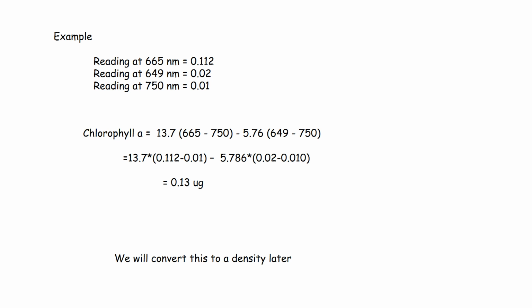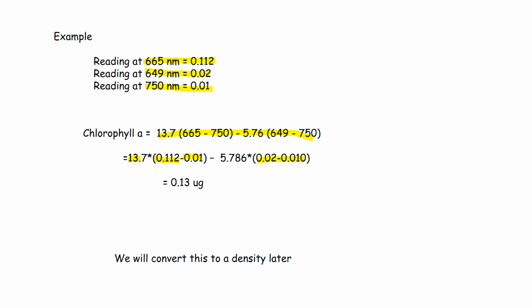In our example, the reading for chlorophyll A will be 0.112. At 649, the reading for chlorophyll B is 0.02, and at 750, the reading for turbidity is 0.01. We then put these into the formula, which gives us 13.7 times, in a bracket, 0.0112 minus 0.01, and 5.786 times, in a bracket, 0.02 minus 0.01.